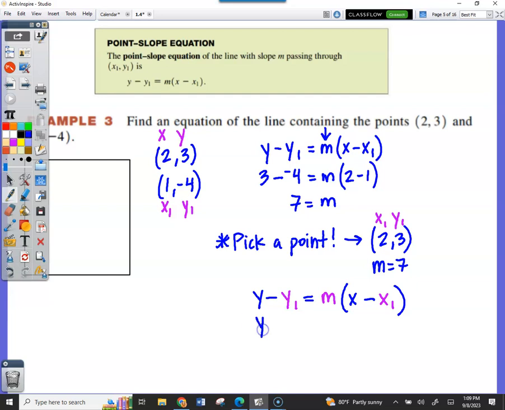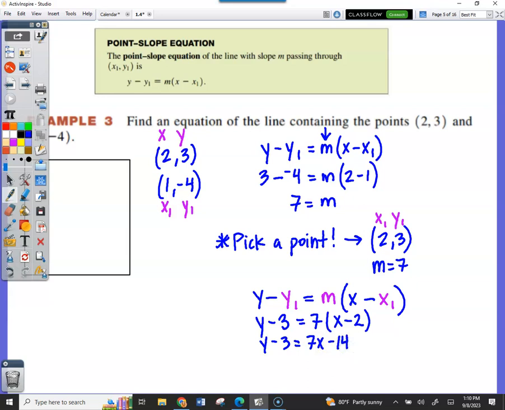So y minus 3 equals 7 parentheses x minus 2. And now let's clean that up and get it to standard form. So distribute the 7.